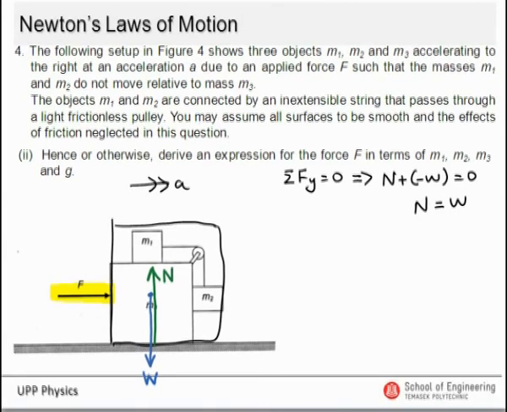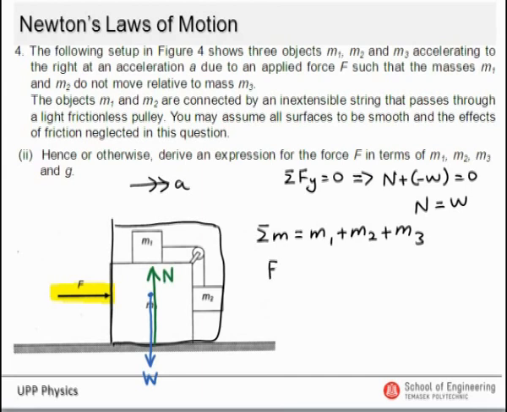And this force is responsible for causing the system to accelerate with acceleration A. And the combined mass of this system is the sum of all the three masses, M1 plus M2 plus M3. And these three masses are accelerating to the right. The combined system also accelerates to the right.